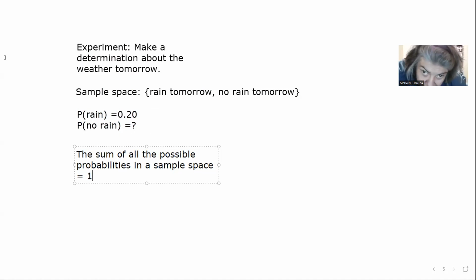So here's what's going on here. We have 2 events. So what we can say is this.